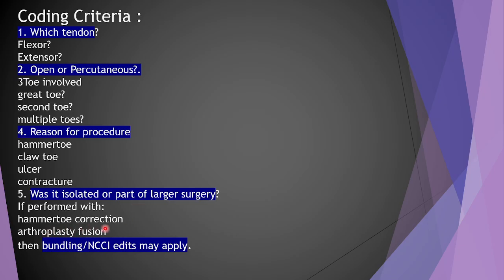So these procedures have been involved in the hammertoe correction. If the larger surgery involves the tenotomy, then why would we code the tenotomy? No need to code the tenotomy with the larger surgery because it is already included in the larger surgery. So we have to check whether it is performed in isolation or as part of a larger surgery. If it is performed in isolation, then we'll code the tenotomy procedure.